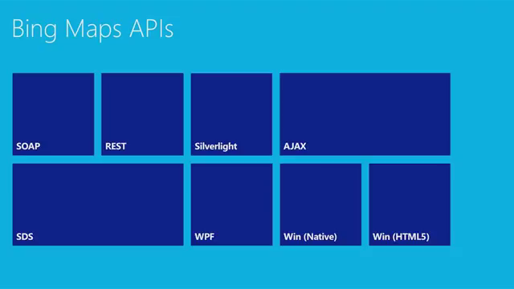We have Silverlight controls and Ajax controls for the web. We have a WPF control for the traditional desktop. We have, for the modern applications, a native Windows control, as well as an HTML5-powered WinJS control. And these are the two that we want to look at a little bit deeper.